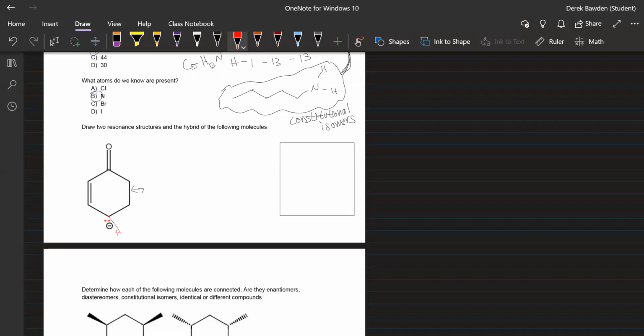Okay, so we're going to take these electrons and dump them into this bond right here, which in turn breaks the octet for this carbon, so it also needs to release its electrons and put them onto that carbon. Okay, so that's all we did. Okay, so we're just gonna do something like this.